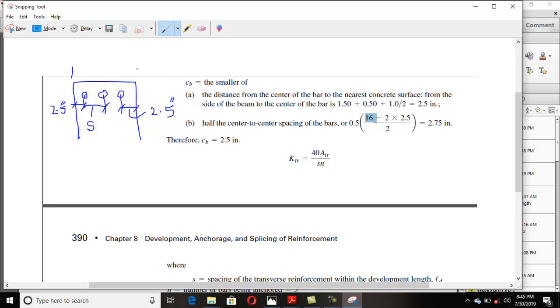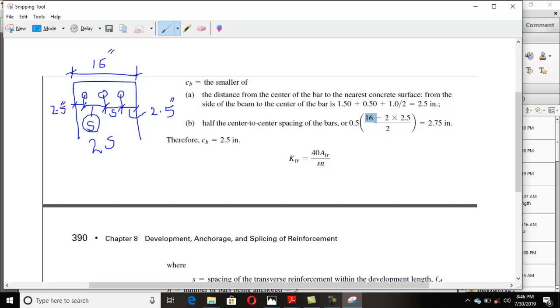This is roughly 16 inch. Now your point is what will be this distance? And this s will be right here. So there are 2 s's, which means you will get 2s, because this center to center spacing will be equal to this center to center spacing.